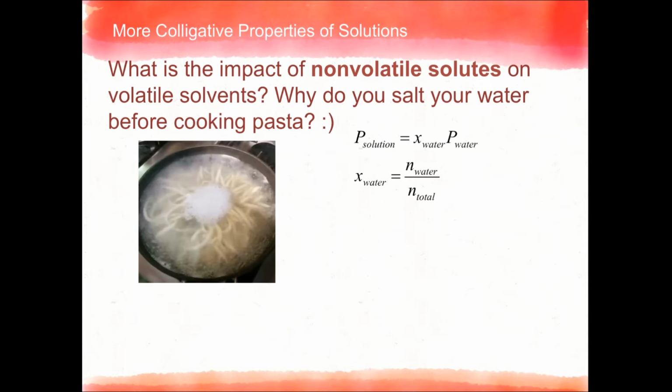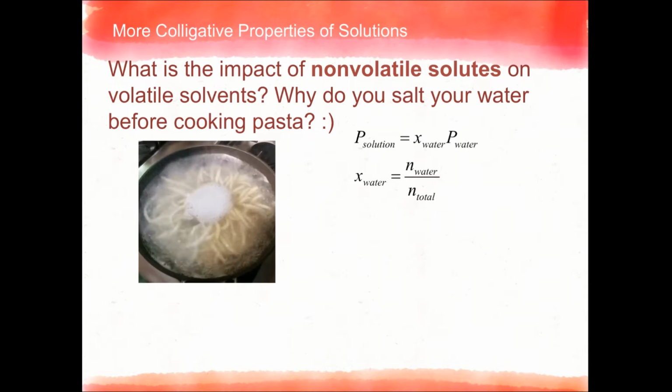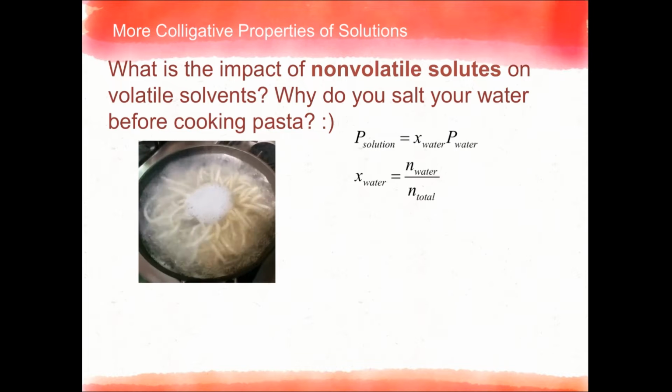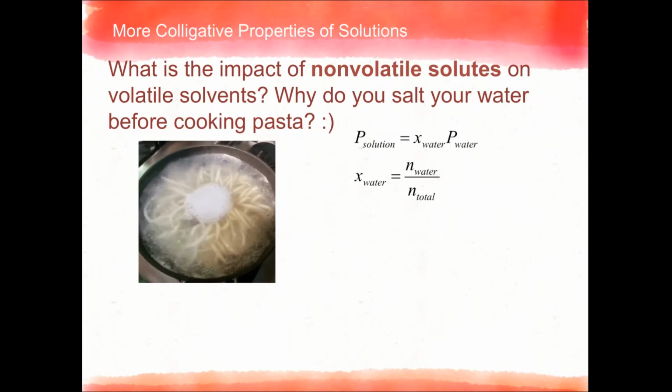So here's the deal. If your vapor pressure is lower, and you can imagine that vapor pressure is pushing down on the surface of the water, but for the water to boil, it has to push the atmosphere out of the way. Remember, there's a lid above the boiling water, which is the atmosphere. And the pressure of the solution has to kick the atmosphere out of the way.